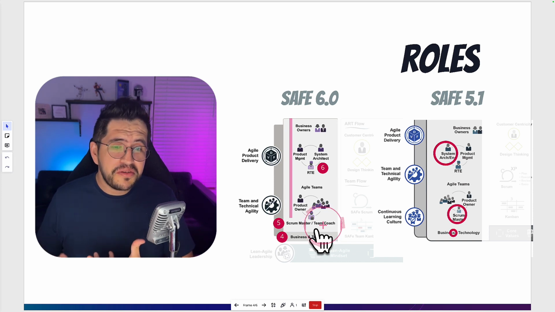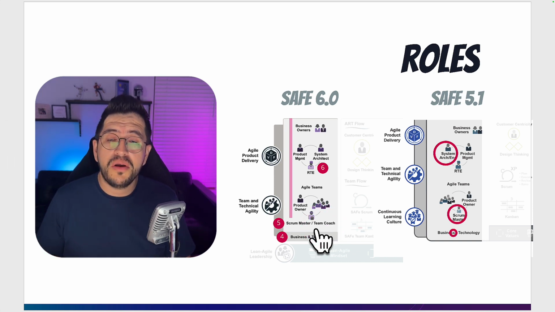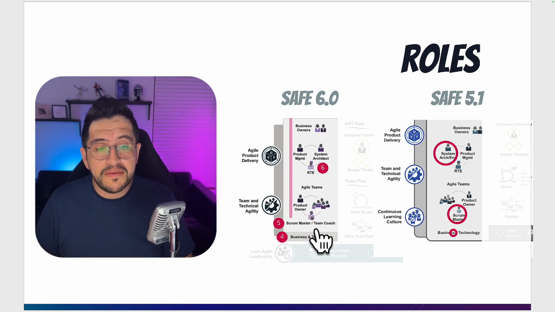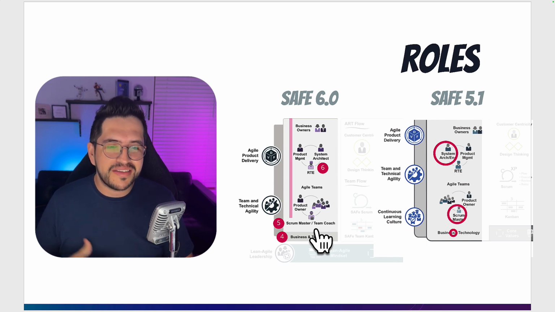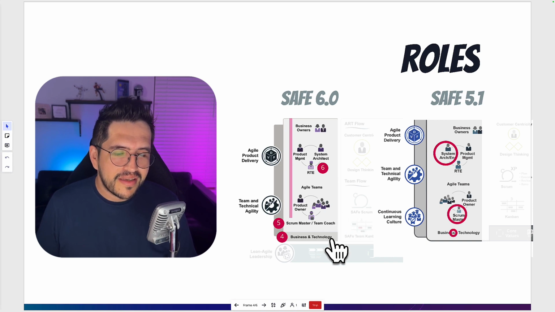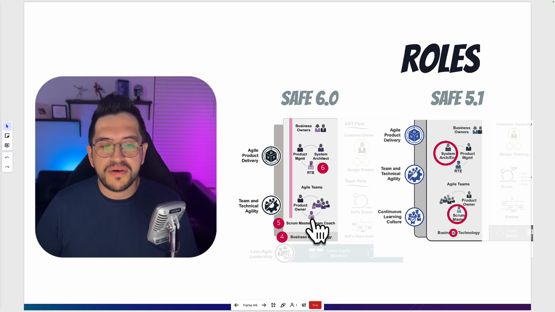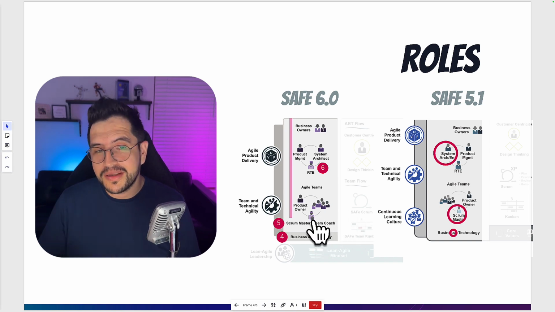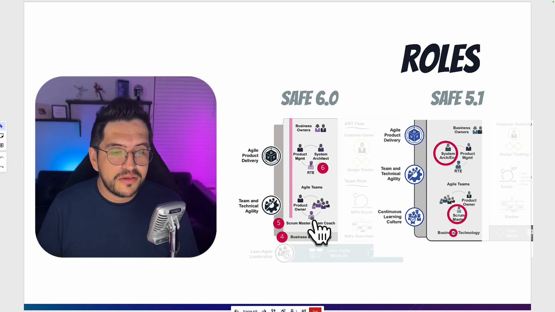It's up to you to choose Scrum Master or team coach, but having it here in the big picture helps a lot to explain and share that it's okay to use Kanban and other things that are not Scrum. So yeah, it's a pretty welcome change. Scrum Master or Team Coach, whatever makes more sense for your context, you can choose.